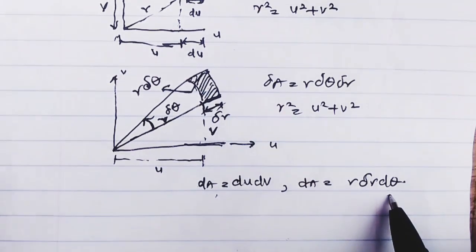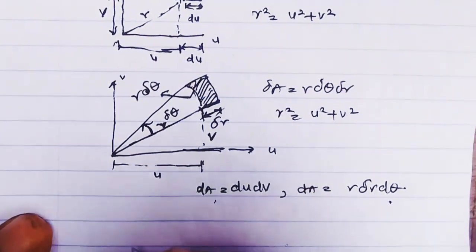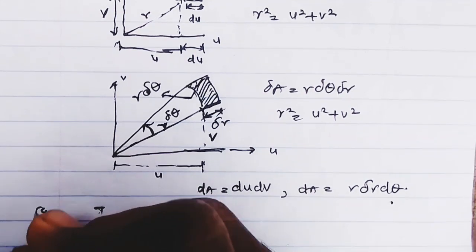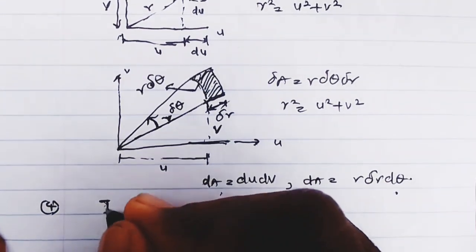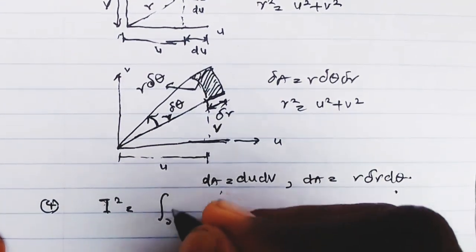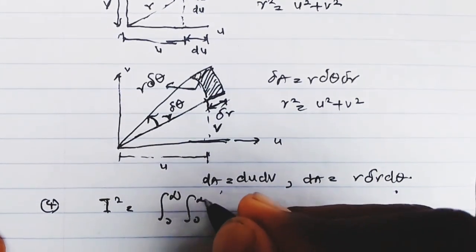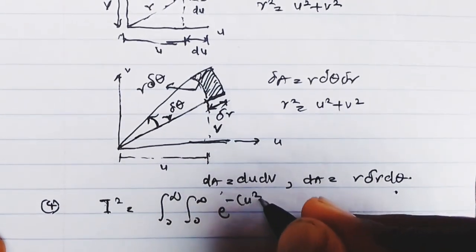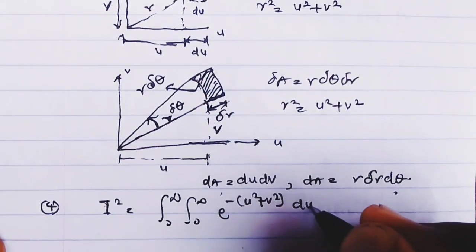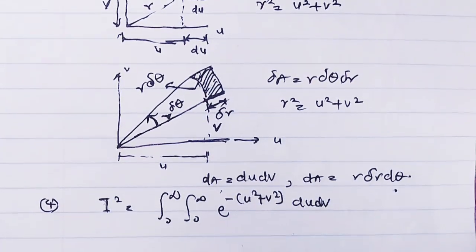That's what I mean by changing from rectangular to polar coordinates. Remember, my I square, this is my step 4 right now. My I square equals the integral from 0 to infinity of exponential minus u square plus v square du dv, right?